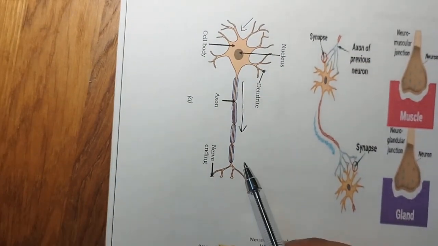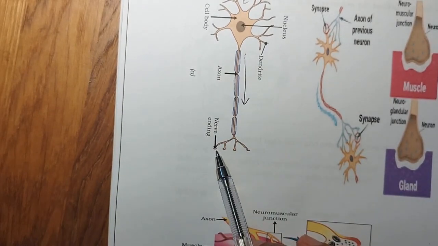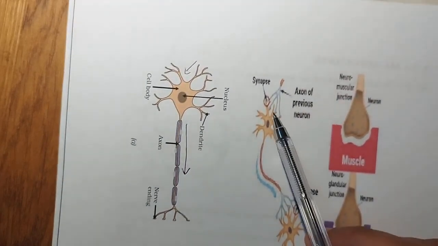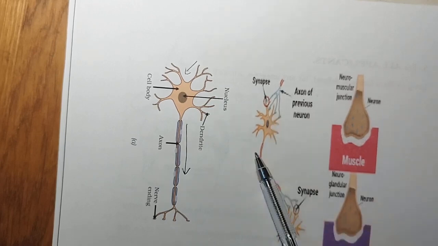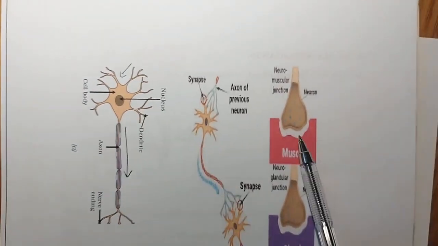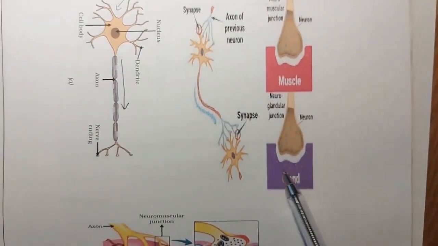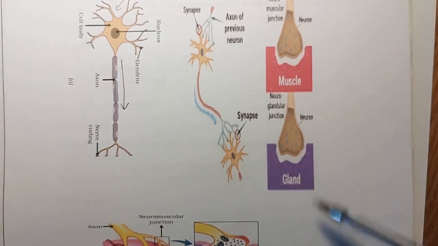Then this axon will have nerve endings, and these nerve endings can land on the dendrite area of another nerve, or they can land on muscles, or they can have a connection, a junction, a synapse with a gland.